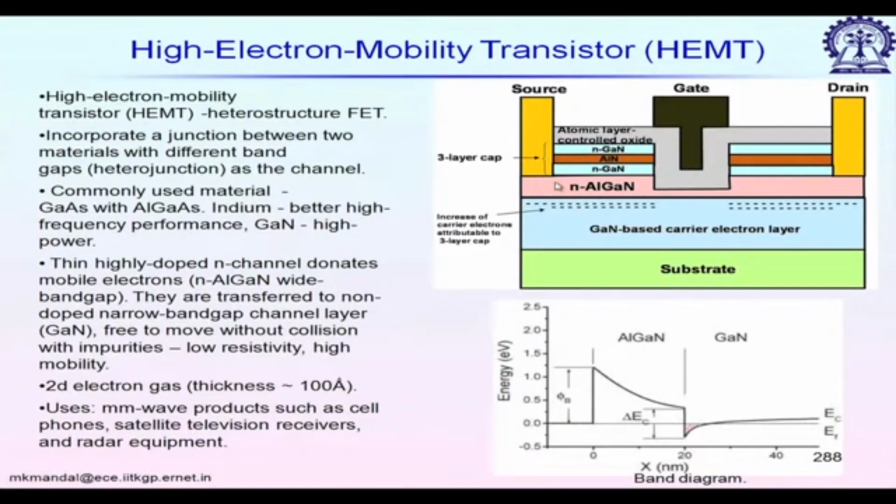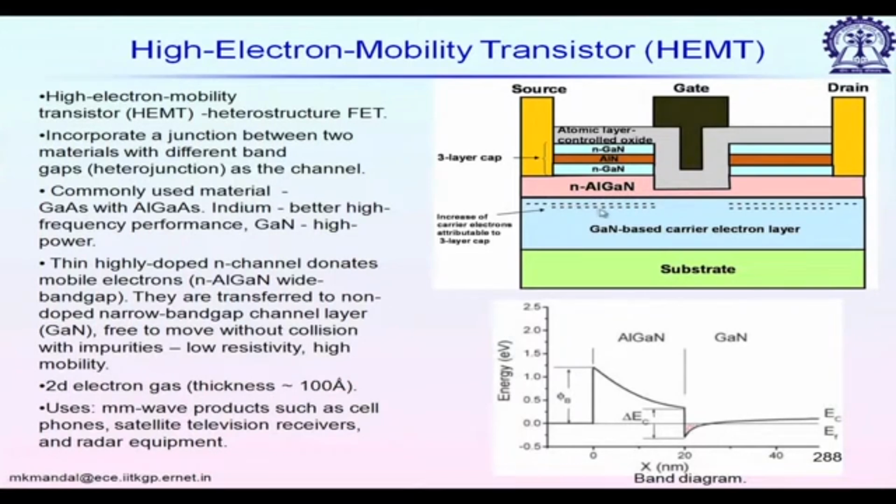Now, when an electric field is applied between source and drain, most carrier movement is inside the gallium nitride layer, not inside the n type layer.